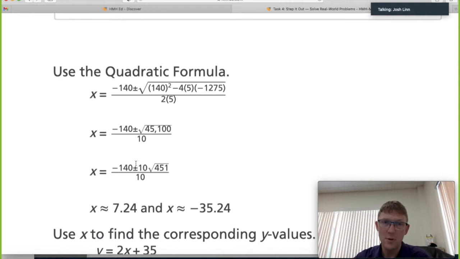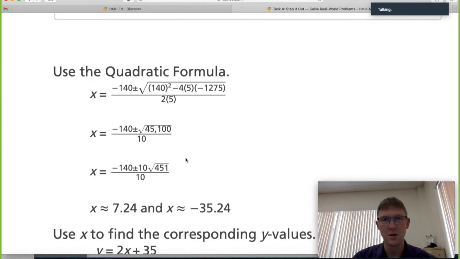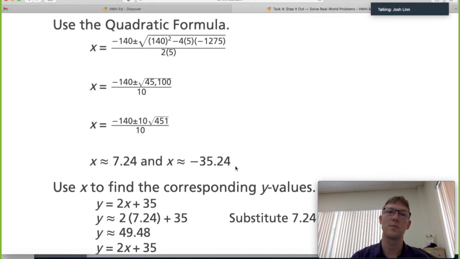Be careful when you enter this in your calculator. Make sure that you are appropriately using parentheses to ensure that this 10 is divided by all of this. So you would put this part in parentheses and then divide it by 10. But I encourage you to do that on your calculator. Make sure you get the same answer. If you don't, we need to talk about how to use your calculator.